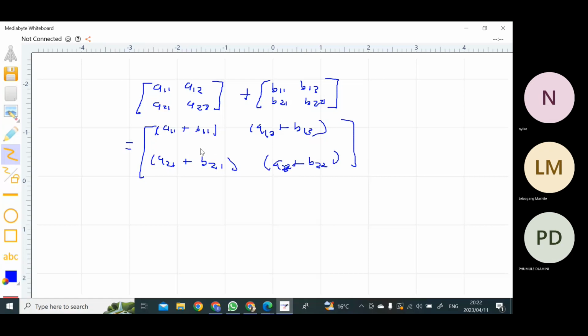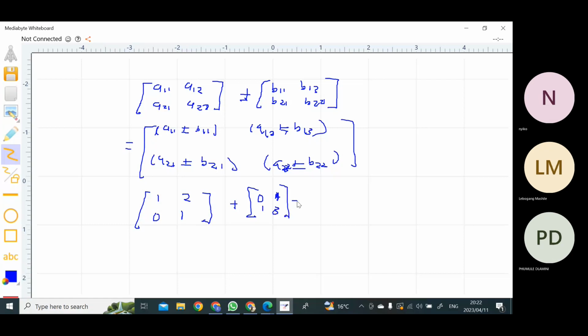So the same applies with subtraction. If you are adding, I can just say plus or minus here. Now if I can do a countable example, I will. If I'm having a matrix, let's say it's 1, 2, 0, and 1, and I'm adding it with 0, 1, and 1 and 3.